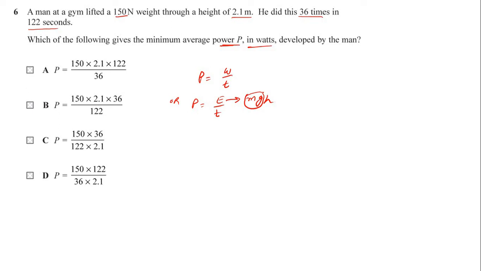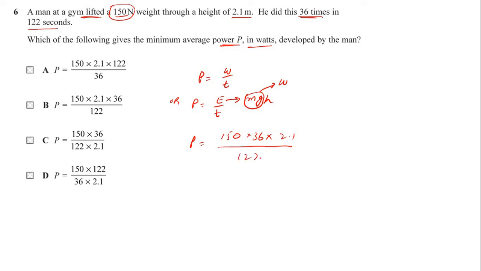So in this case, this is the weight W, which is 150 Newton being lifted upward. Now you can see P is equal to total energy over time. 150 is the force, but it is lifted 36 times, so the total work will be 150 times 36 times the height, which is 2.1, divided by the time taken, which is 122.